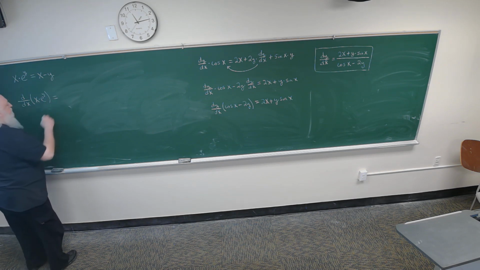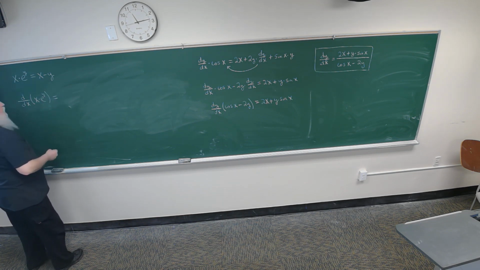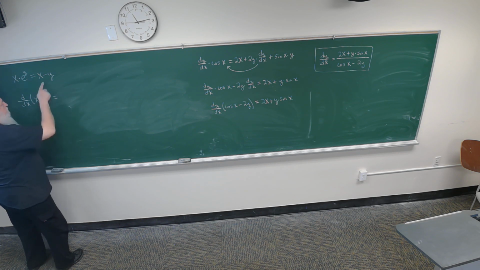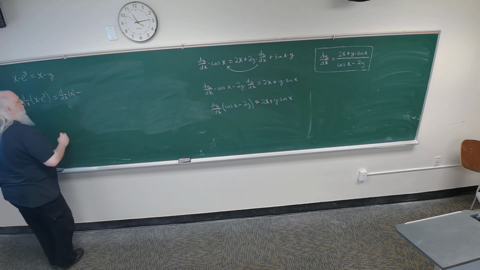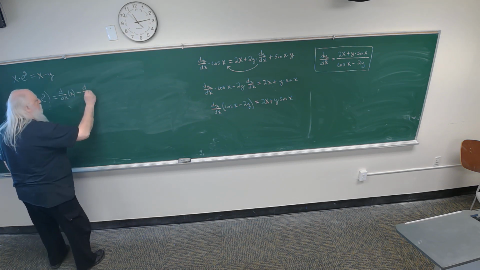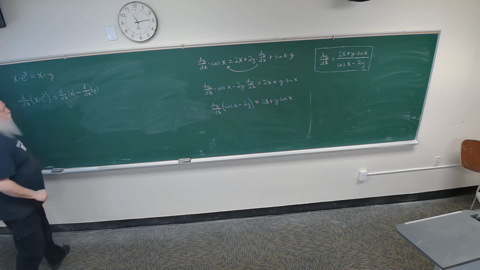And on the right-hand side, we have the derivative of x minus y with respect to x. Using the difference rule, this is equal to the derivative of the first term, x, minus the derivative of the second term, y.